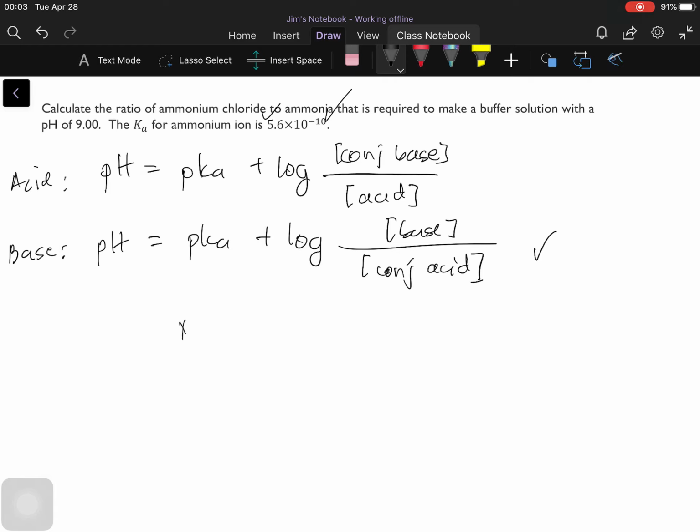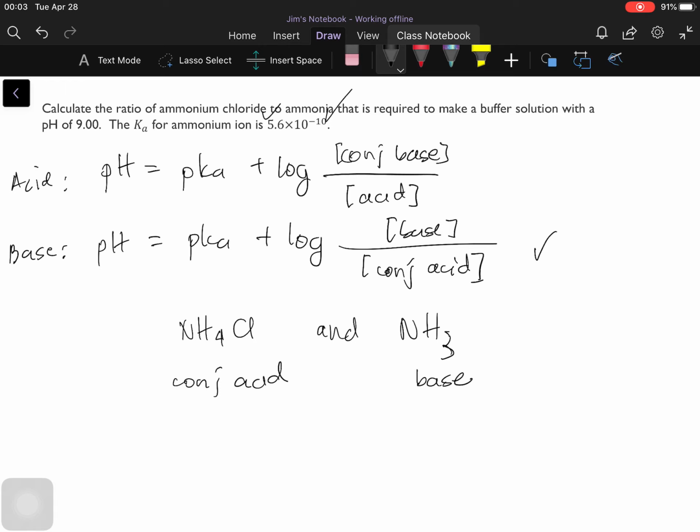Ammonium chloride and NH3. What's the relationship between the two? Ammonia is the base, and ammonium chloride is the conjugate acid.